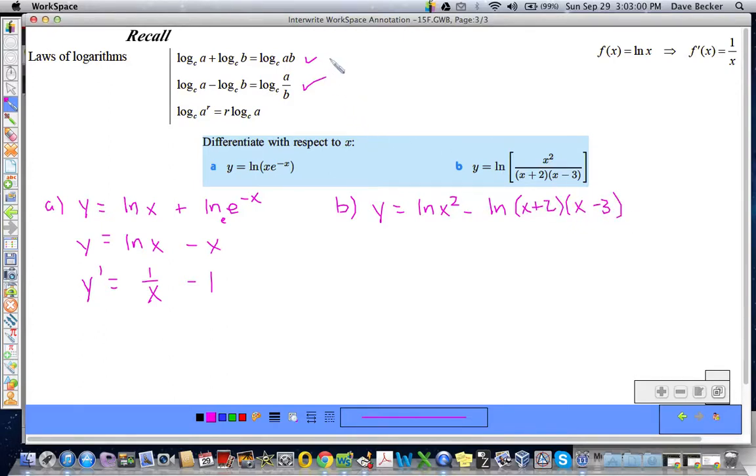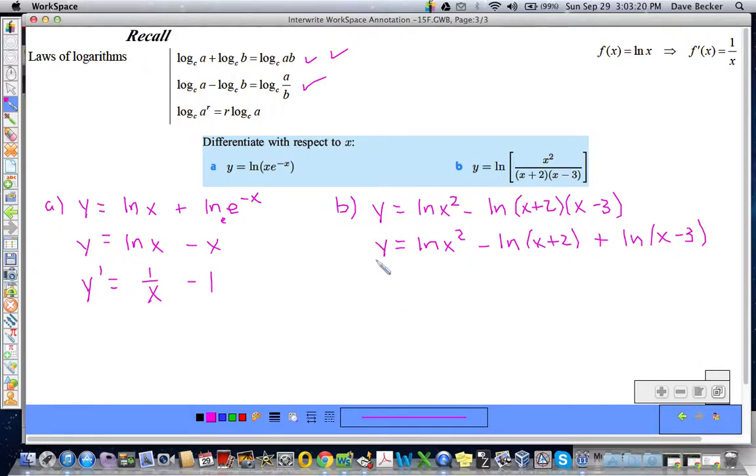And then I'll use this rule again and rewrite the second part as y equals the natural log of x squared minus the natural log of x plus 2 plus the natural log of x minus 3. And that makes life much easier.